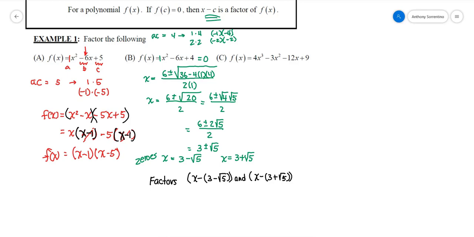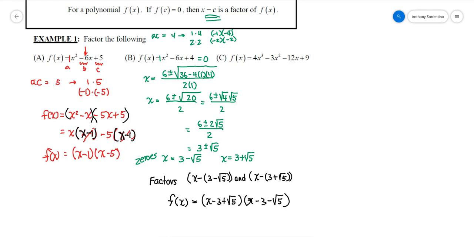And if I simplify these a bit, I don't like having parentheses inside parentheses, I could rewrite this and now say, well, f of x factored is x minus 3 plus square root 5 times x minus 3 minus square root 5.